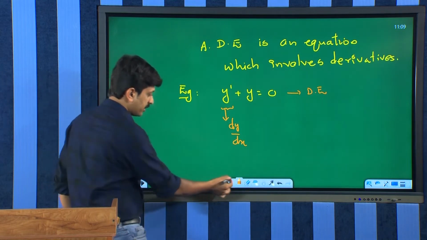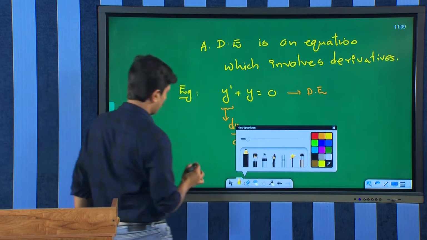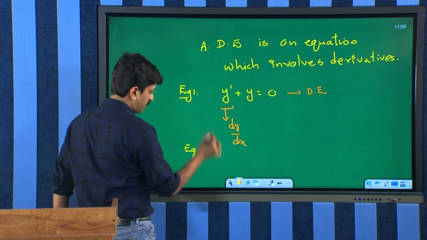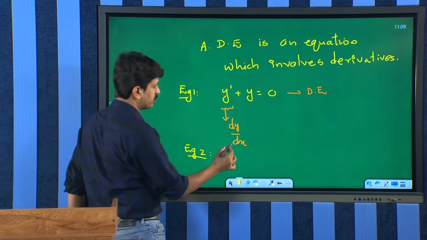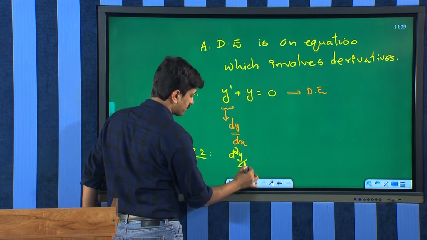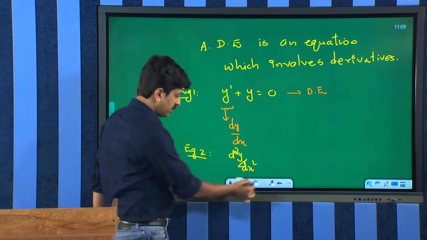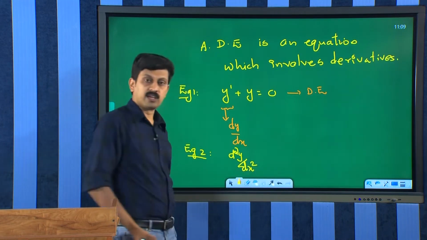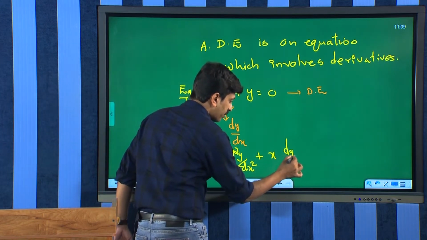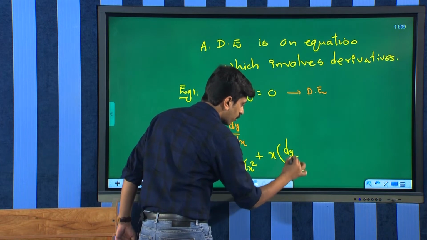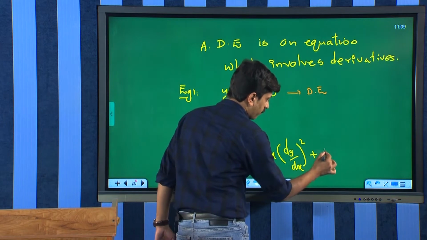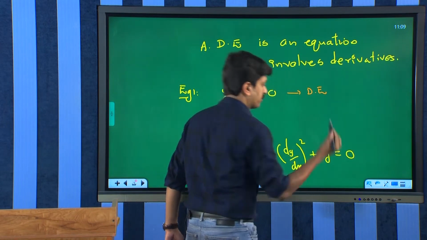Like that we can have any other order derivatives. This is for the next example. Example 2: d square y by dx square plus x into dy by dx whole square plus y is equal to 0.